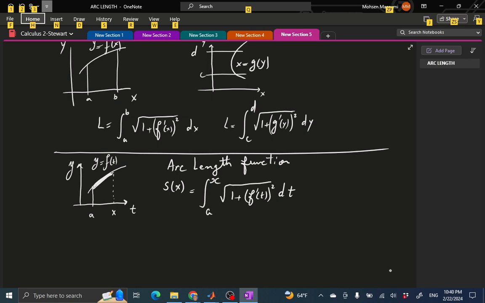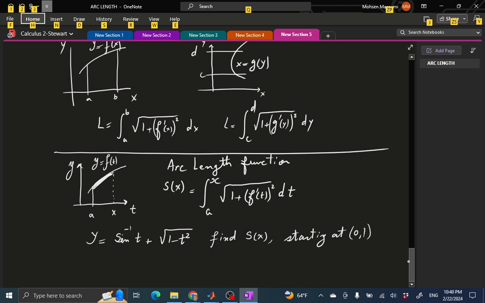Here is an example. It says suppose y is sine inverse of t plus radical 1 minus t squared. Find the arc length function s of x starting at 0.01.